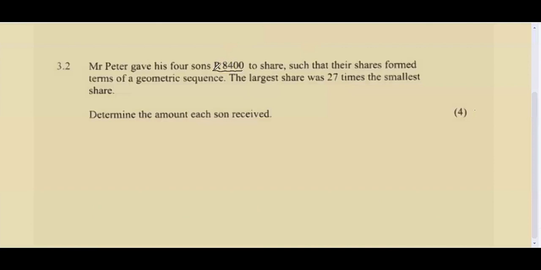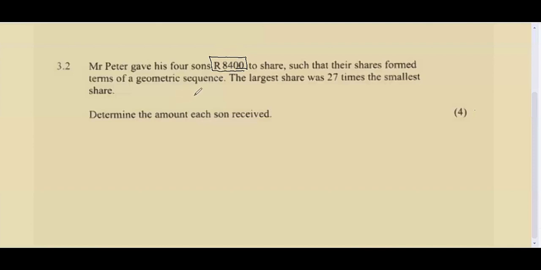Here we are given 8,400 to share between 4 sons, right? Now, note this. The amount that these 4 sons will share should all amount to 8,400. So each son should receive a particular share from this 8,400.